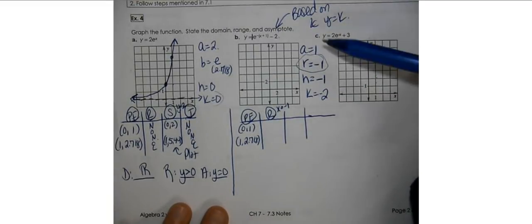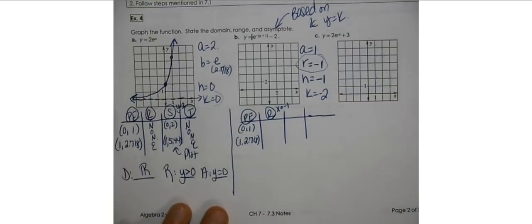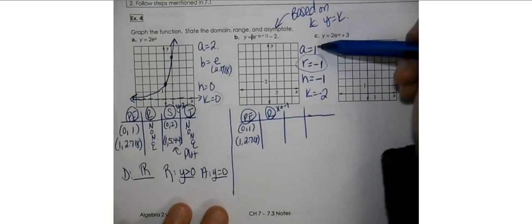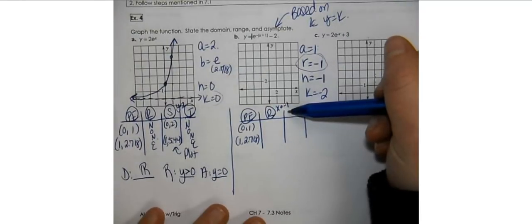If my A value was -2, a negative number as well, then our Y values would also be multiplied by -1. But in this case, we have just a reflection across the y-axis, so I'm going to multiply all x values by -1. So I have 0, 1, and -1, 2.718.